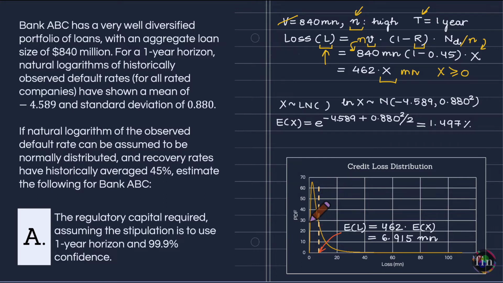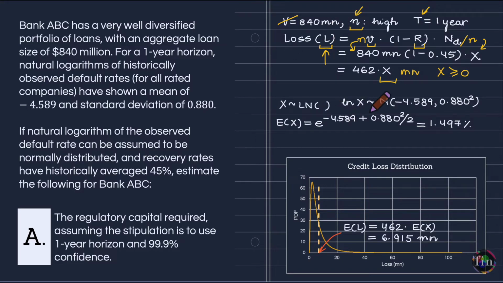Distribution of credit losses do have some amount of asymmetry attached to them, and the log normal distribution does provide that asymmetry. So let's choose the log normal distribution for X and therefore for L.